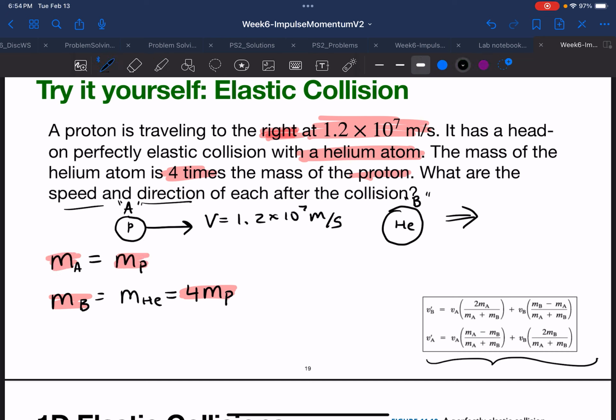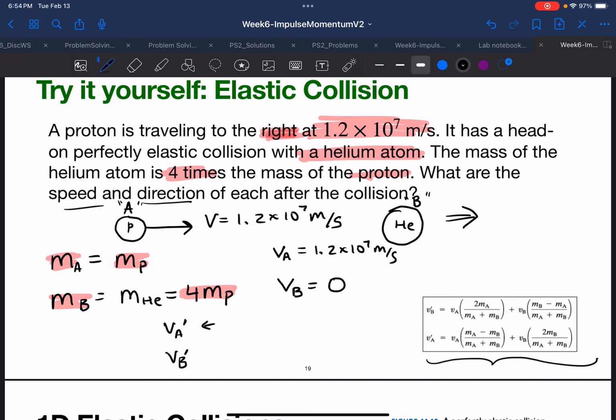Additionally, we know that before the collision, the velocity of A, which is the velocity of the proton, is 1.2 times 10 to the 7 meters per second. And the helium atom is starting at rest, so that's our particle B: VB is 0. After plugging in these values, what you're being asked to find is VA prime and VB prime.